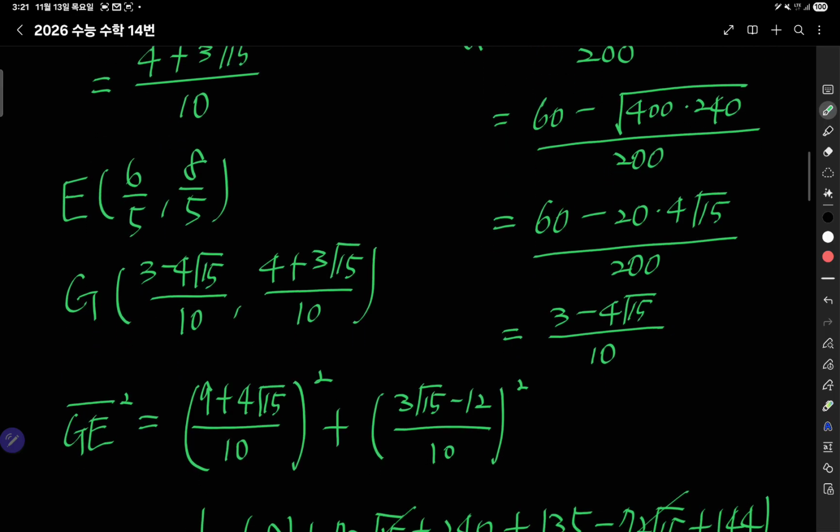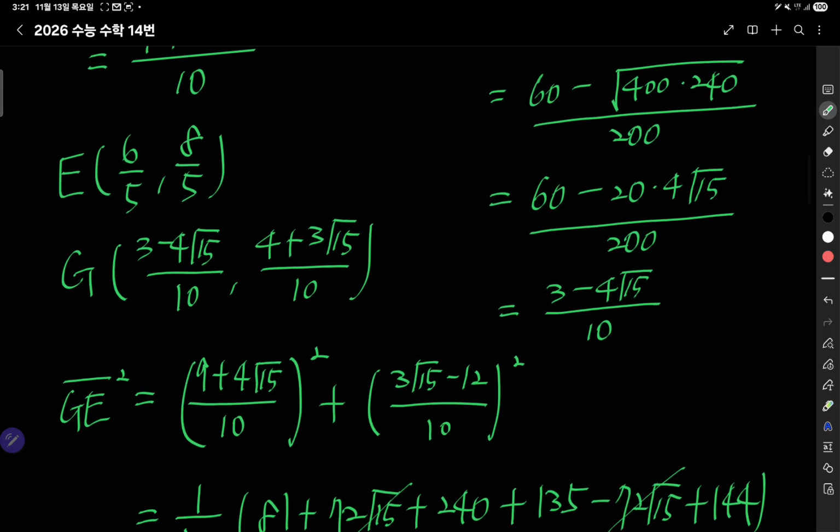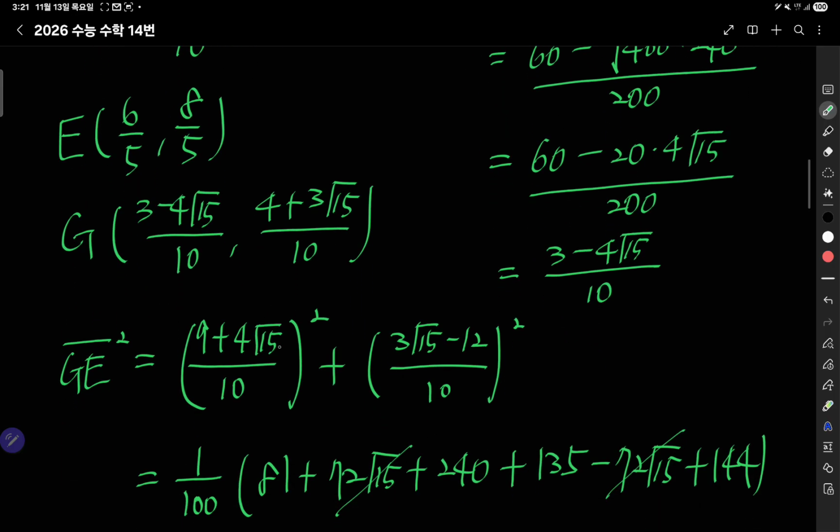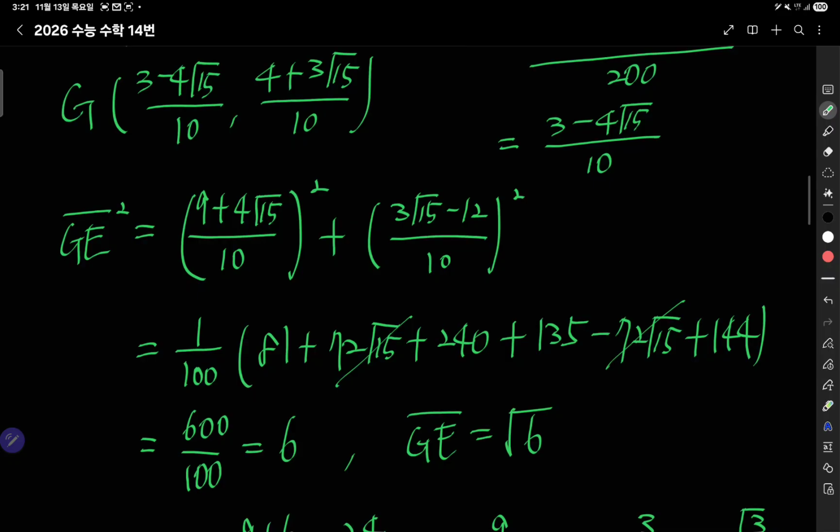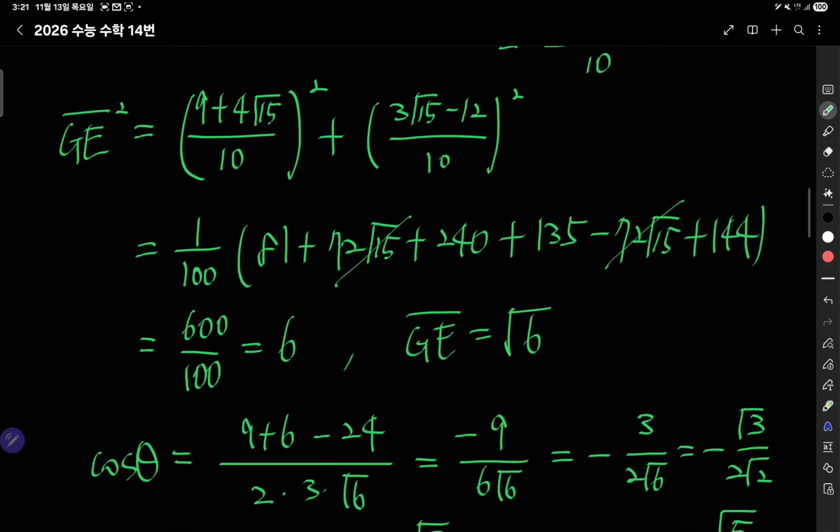So we can find the length of EG. We can subtract these two x and y coordinates and make the square. And if we open this square, the length of GE is the square root of 6.